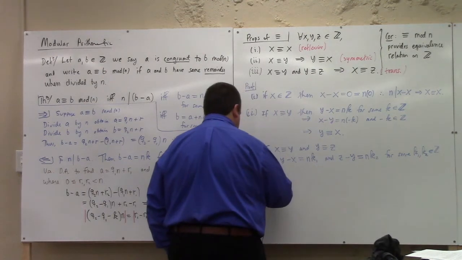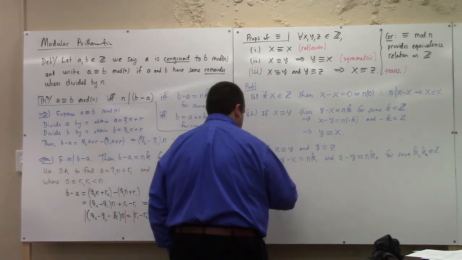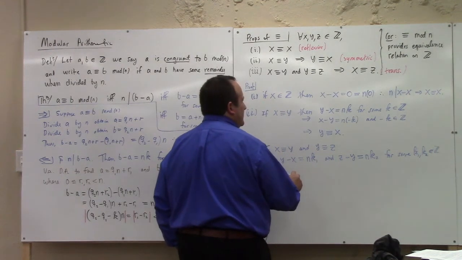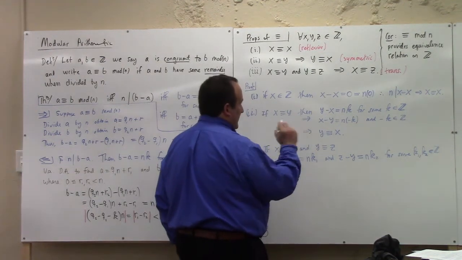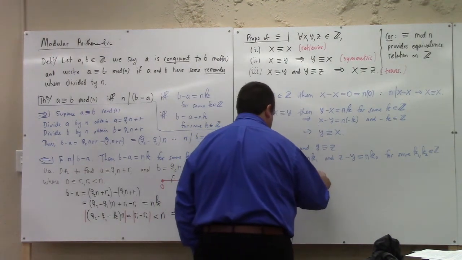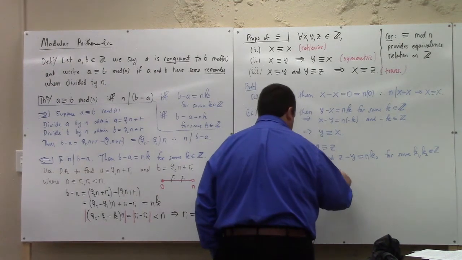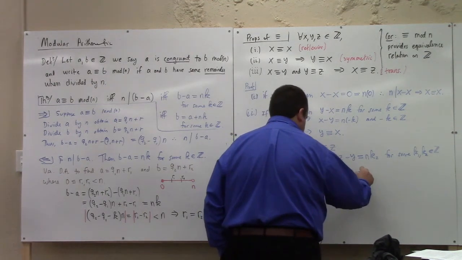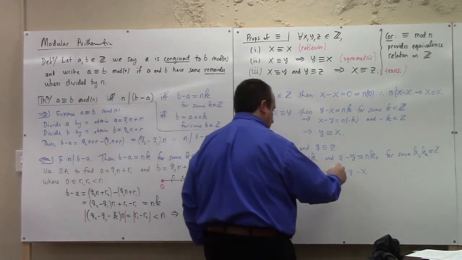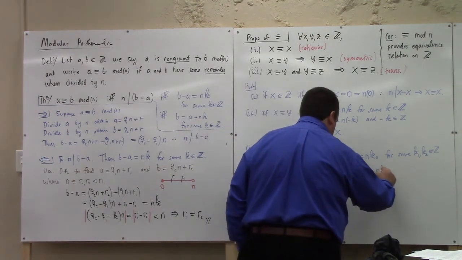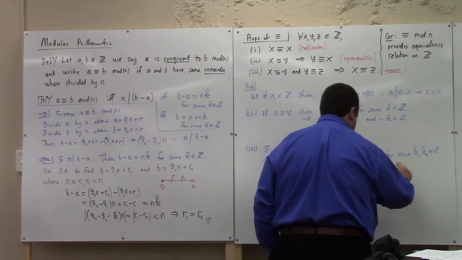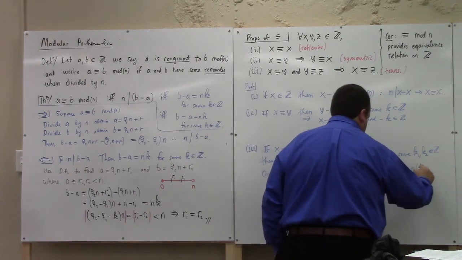Right, so consider, what was it? I'm trying to show x is congruent to z. I should look at z minus x, right? Yeah. So z minus x is equal to z minus y plus y minus x, right? Which is equal to nk2 plus nk1, which is n times k2 plus k1.